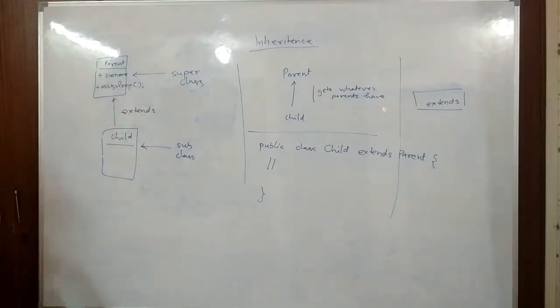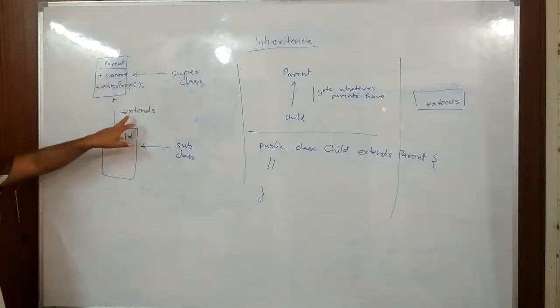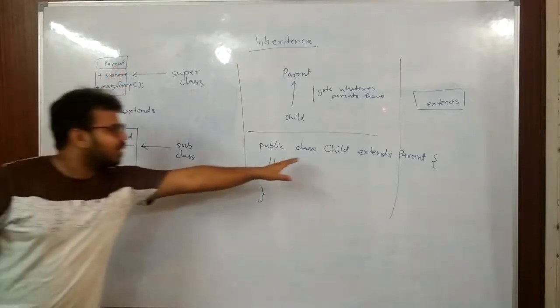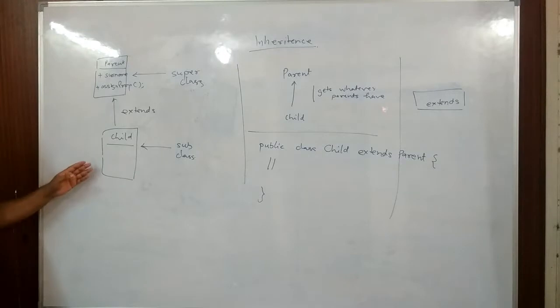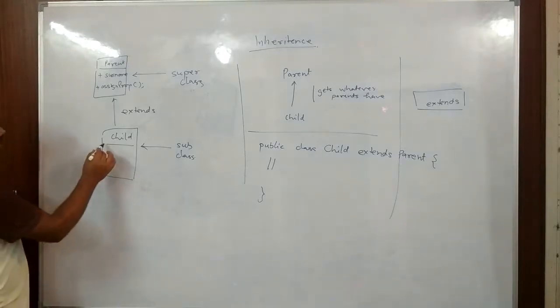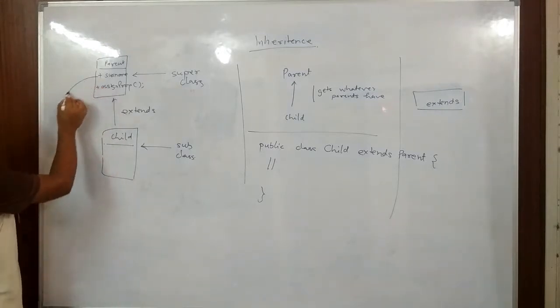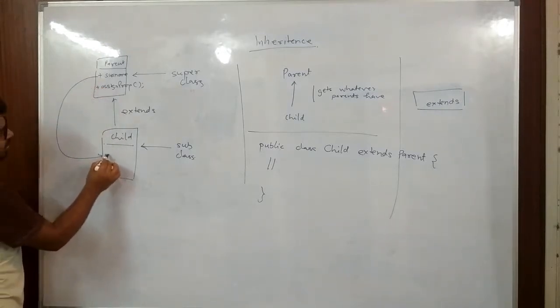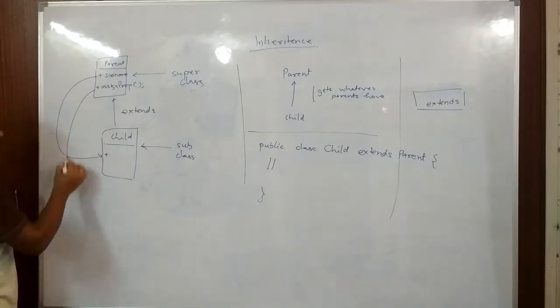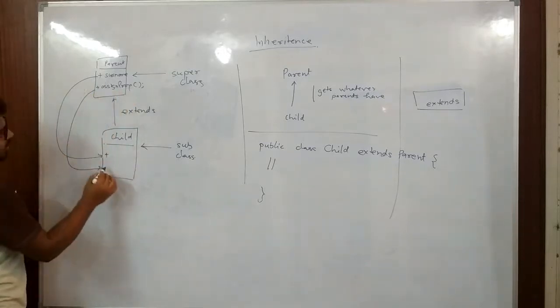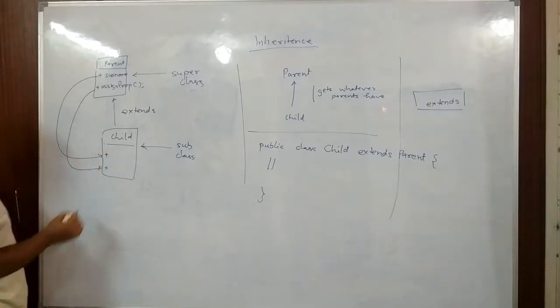Okay. So when a child extends parent, then automatically at compile time, when the child class gets compiled, this surname is available to the child, and this assign property method is also available in the child.